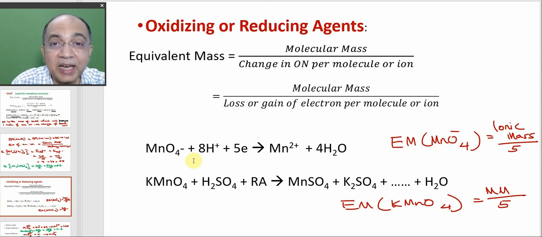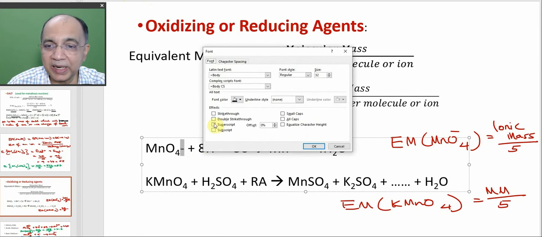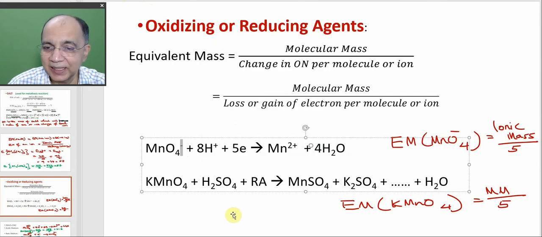Or you can write the ion electron method of balancing. Balance the ionic equation, you'll find 5 electrons are gained for each ion of permanganate, right?